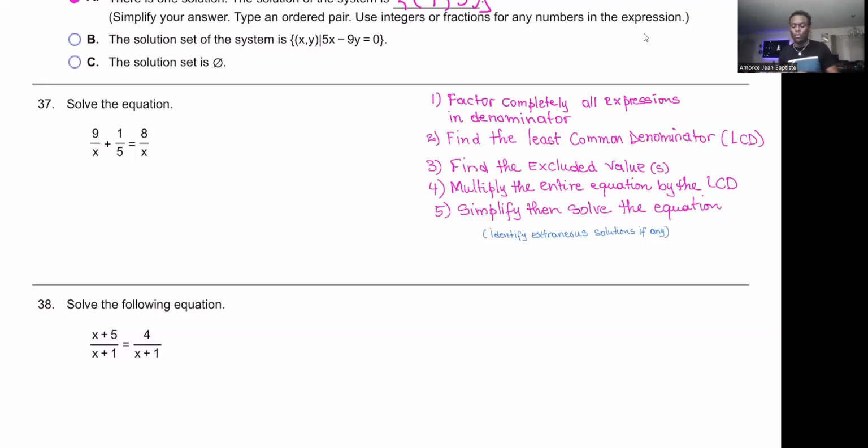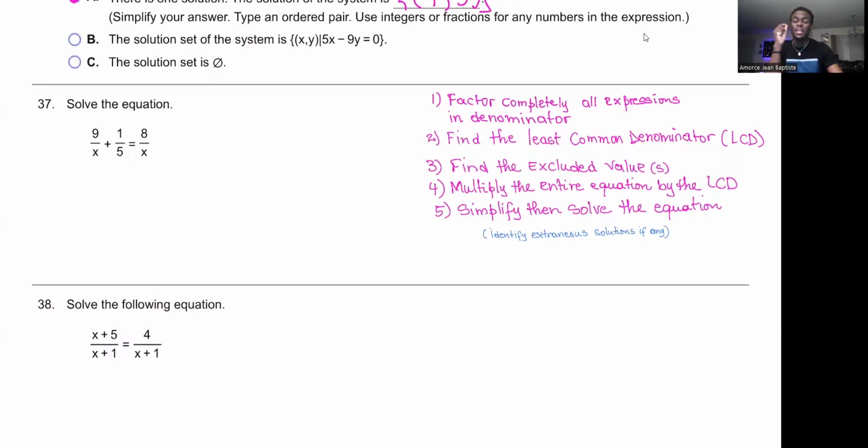And then you move on to finding your excluded values. What are the excluded values? Excluded values are values of the variable where, if you replace them in the equation, denominators will be 0. And you know that we cannot have 0 in the denominator.